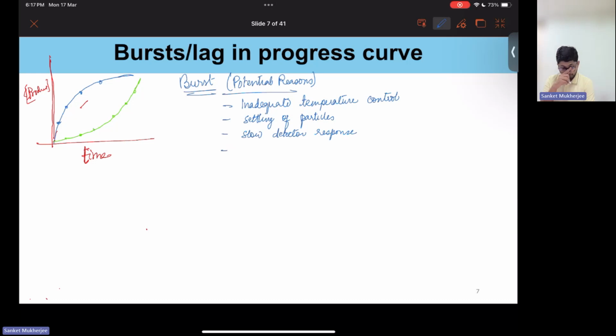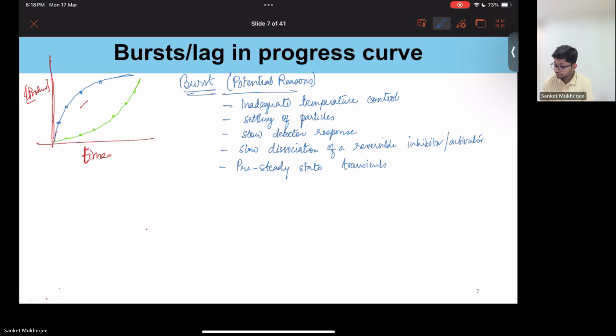Slow dissociation of a reversible inhibitor or activator, whatever. Then there could be pre-steady state transients. There could be activation by product.